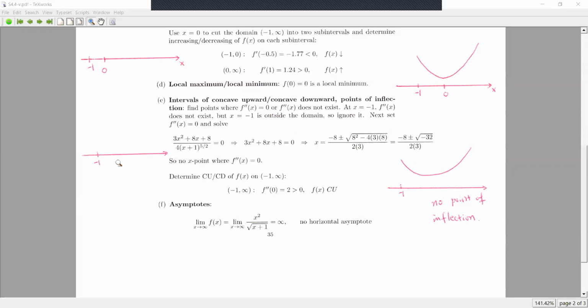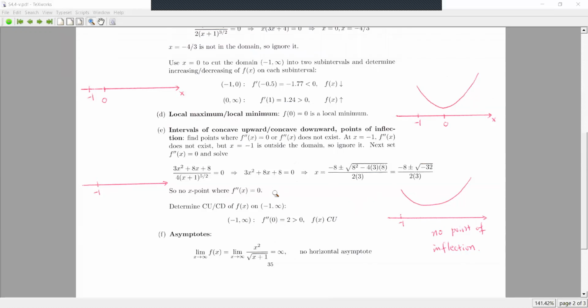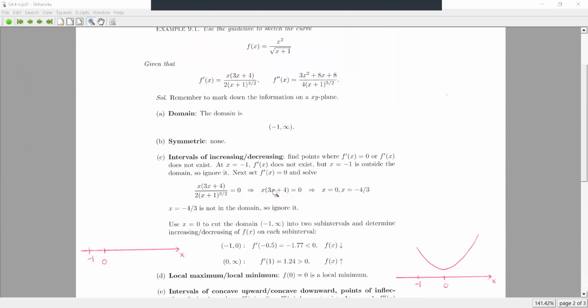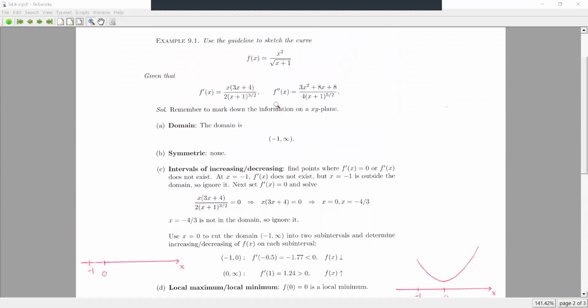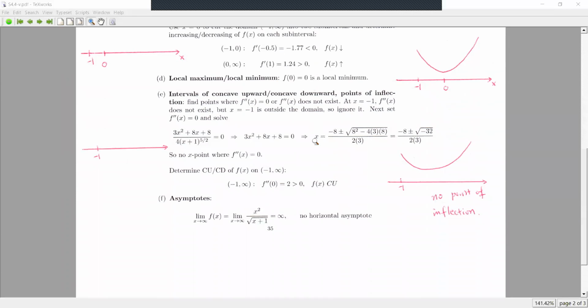So there is no point to cut the domain, so only one interval. Now let me determine the sign of the second derivative on this interval. Arbitrarily pick a point, say 0, and evaluate the second derivative at 0. I plug in 0 for x and I get 2, positive.